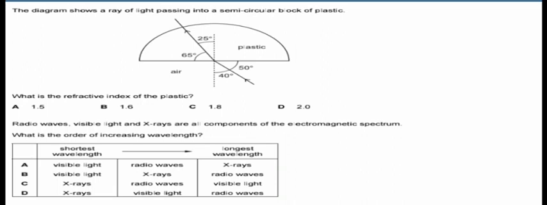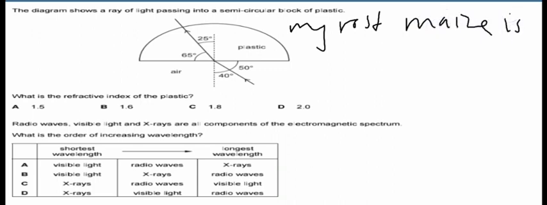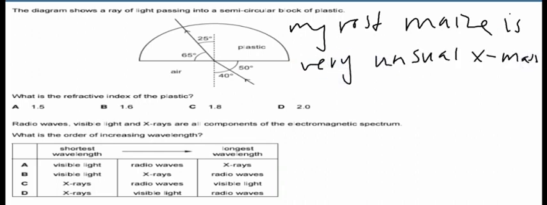To know the increasing wavelength, we need to use a mnemonic key, which is "My Rost mains is very unusual Xmas gift." So this "My" here has no use. It is just included here to make the mnemonic key sound proper or good.